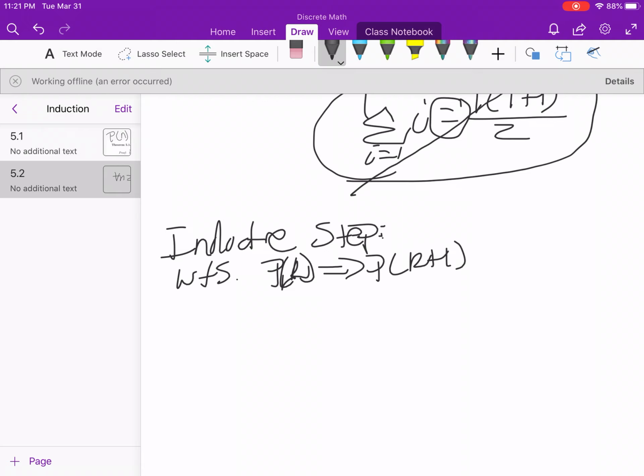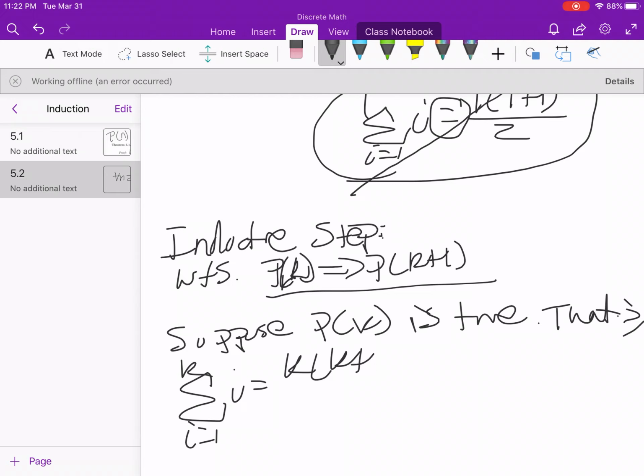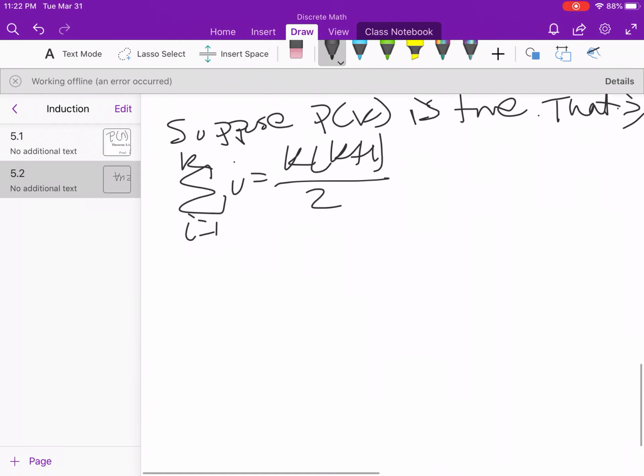So if P of K is true, I want to show that P of K plus 1 is true. So what could I do? I could just start by supposing P of K is true, right? That is, the sum from I equal 1 to K of I is K times K plus 1 over 2. Right. Now this is the inductive hypothesis.